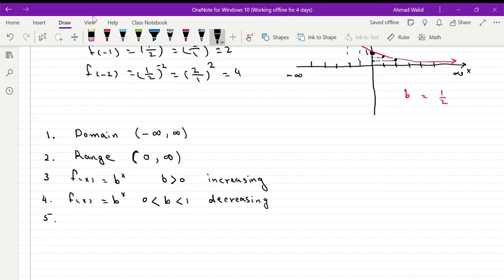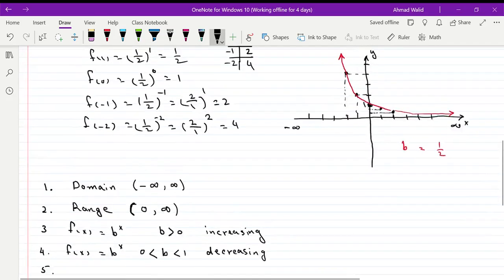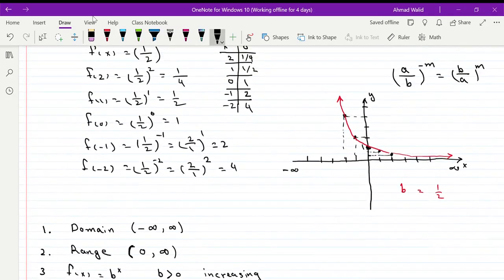Number 5. The graph of the exponential function always passes through this point. It's a good characteristic. You see, in both graphs, the graph is passing through point 0, 1, which means the y-intercept for the exponential function is always 0 and 1.